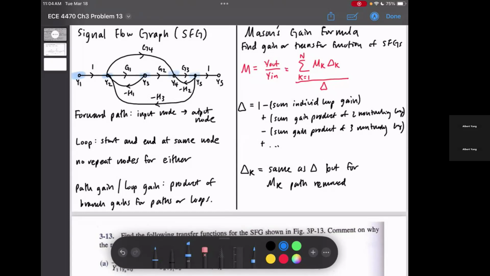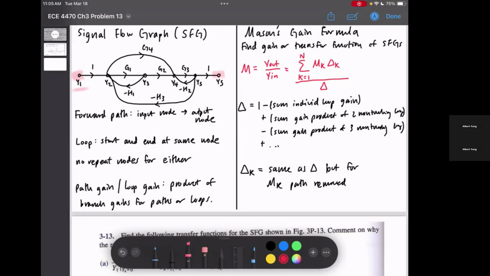And the ones you see on the ends, like the Y1 and the Y5: Y1 is the input node, which means it doesn't have any branches coming into it, and it only has outputs going to other branches. While Y5 is the output node, so there's only things coming in, and it's not sending anything out.